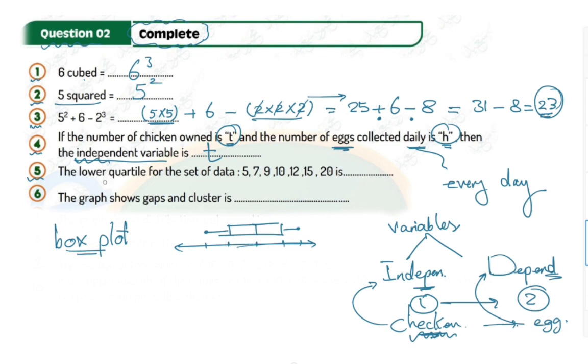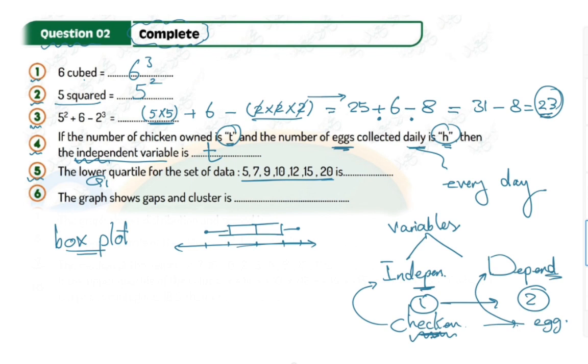But lower quartile, we call it Q1. For the set of data 5, 7, 9, 10, 12, 15, and 20, what is it? When you have data like this and you need to find the lower quartile, upper quartile, or the median, you need to arrange them ascendingly.